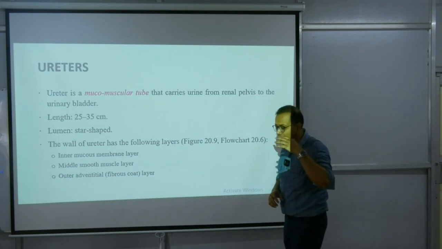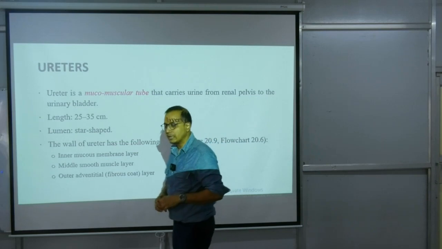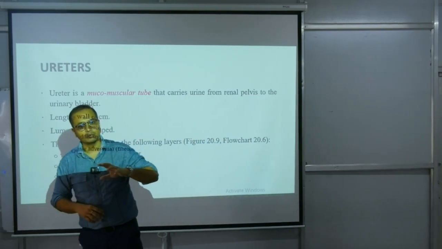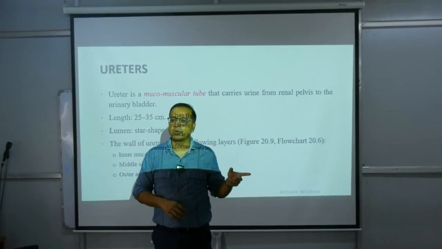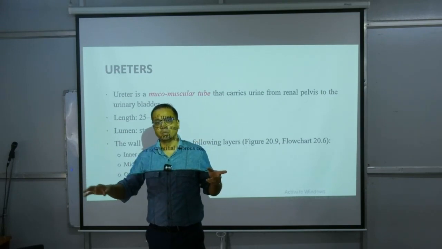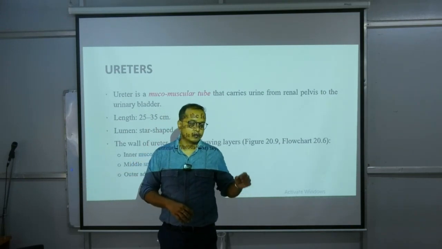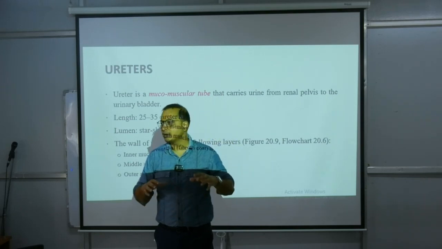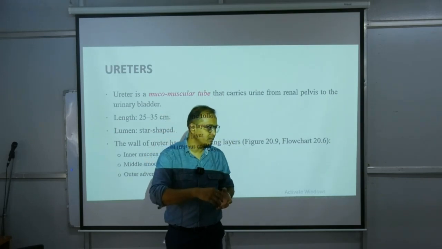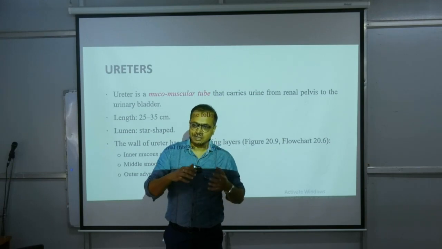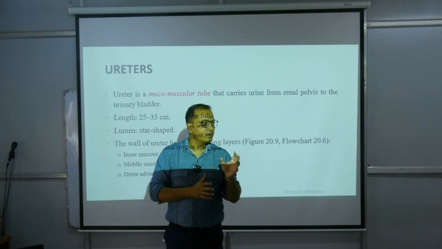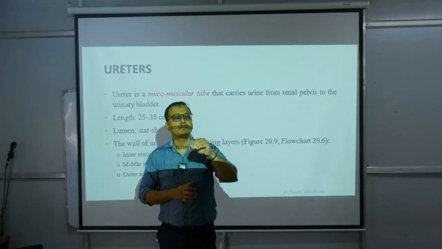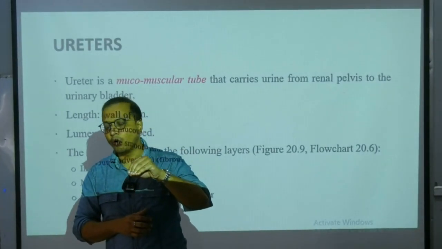Transitional epithelium: when we started the epithelium classification at the beginning of the session, we emphasized the word transition. That means it is transforming or changing shape. The transitional epithelium is a stratified layer in appearance. That means it may have multiple layers, but these multiple layers appear based on the status of the organ itself.